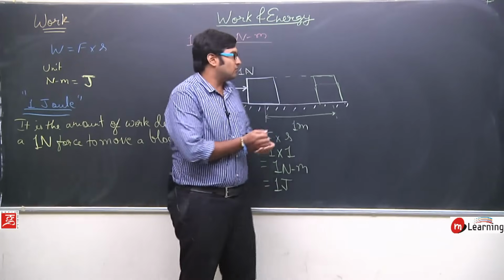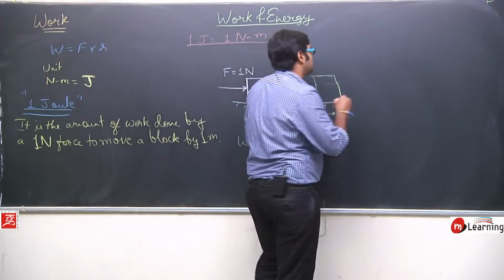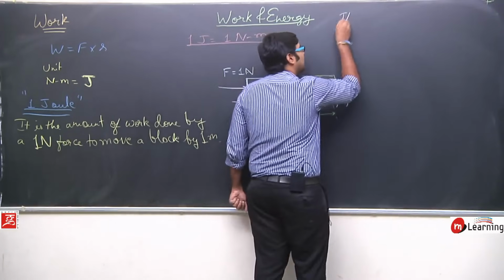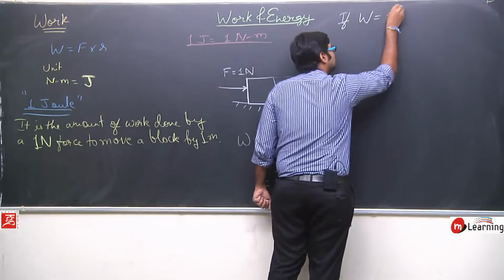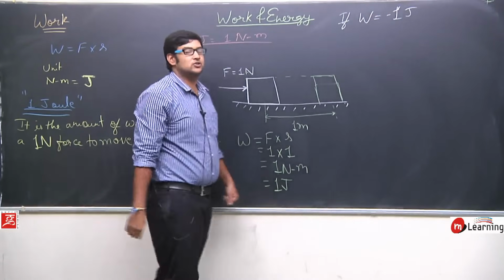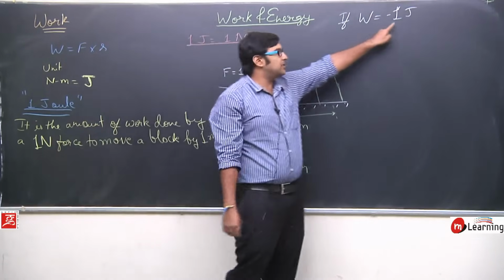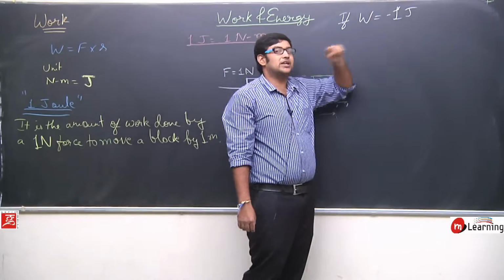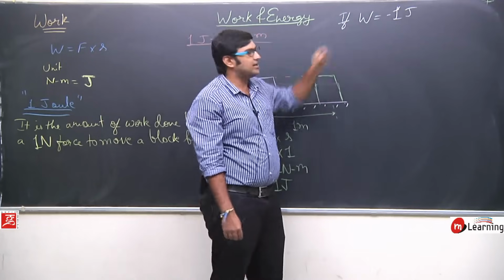Now if I say what is negative 1 Joule, if work done is minus 1 Joule, what does this mean? If the work done is minus 1 Joule, it means that the displacement is opposite to the direction of force. Now how can it happen?